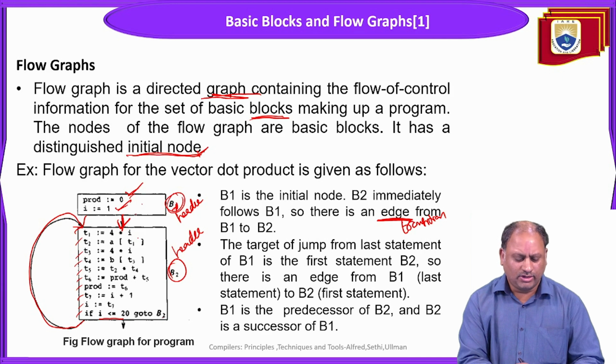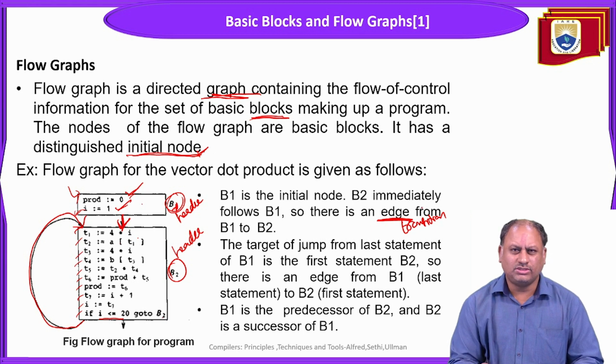That means whenever control enters this initial node, the statements are represented as three address statements and executed, and after completion of these two statements, control leaves and goes through the transition to the next block of statements, B2.